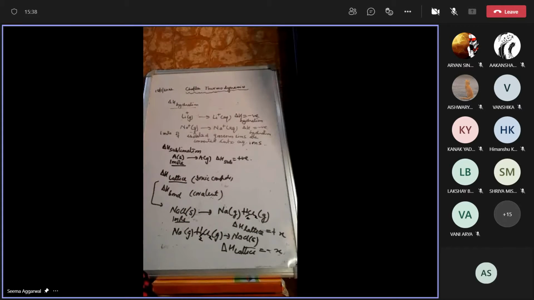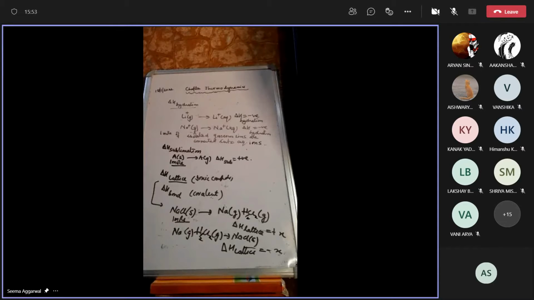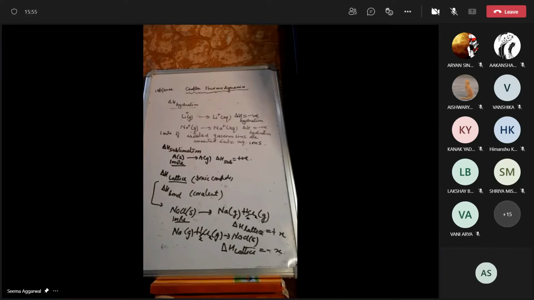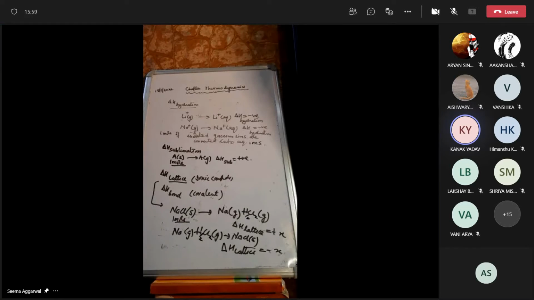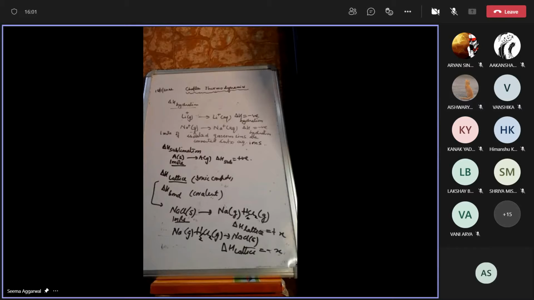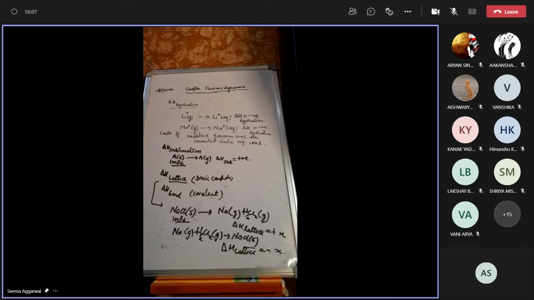So when one mole of an ionic solid is broken into its constituent elements, it is called delta H lattice. It will not convert into ions, ions will be the next step. Ionic bonds are formed from ions. Just wait, let me confirm it.